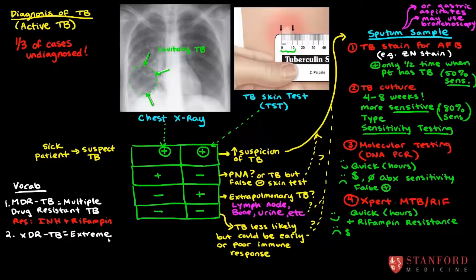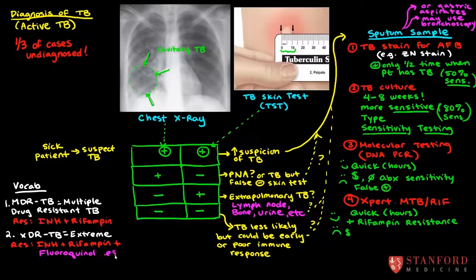So they also are resistant to INH and rifampin, like MDR-TB, but they're also resistant to several other anti-tuberculous agents. And it gets a little complicated, but I'm going to say it because it's important for people to know about these XDR-TB. They're resistant to all of the fluoroquinolones, which are a whole family of antibiotics, the quinolones.